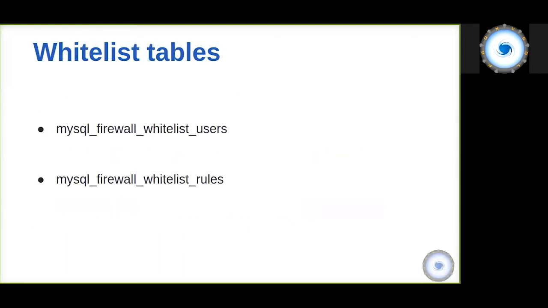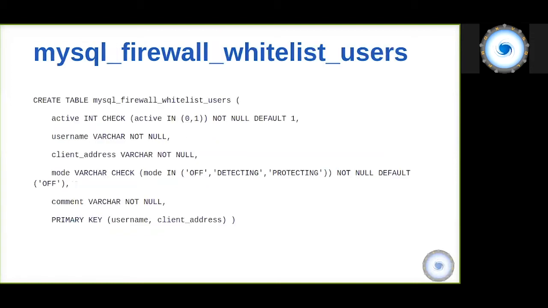Specifically, we implemented two tables, one called MySQL firewall whitelist users and another called MySQL firewall whitelist rules. Again, those are configured using tables. You have username, client, and then in the MySQL firewall whitelist users, you have a mode. This mode could be either off, detecting, or protecting.